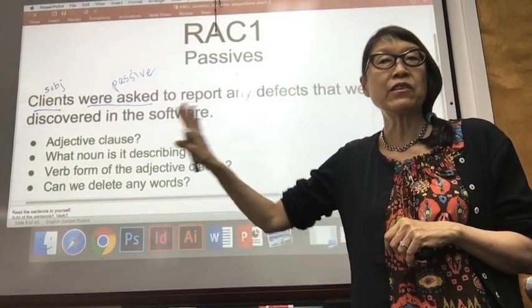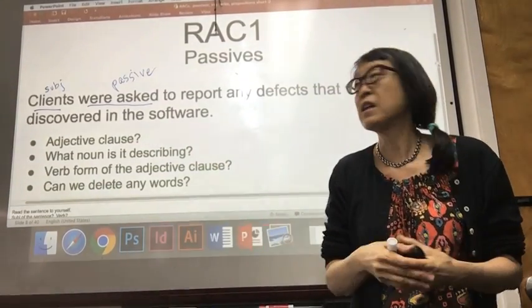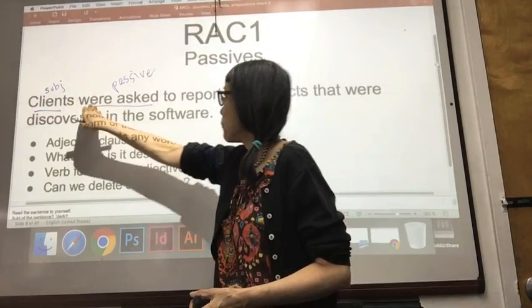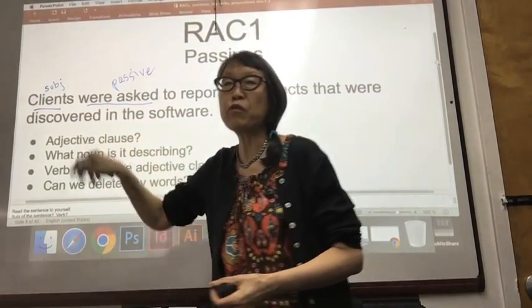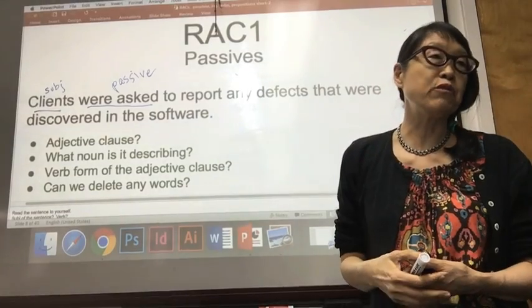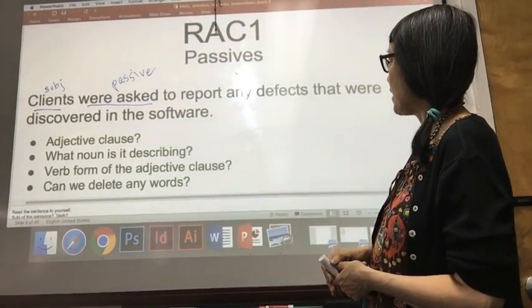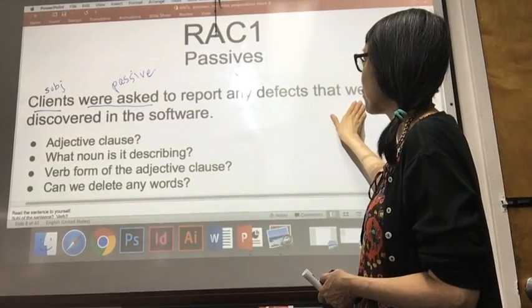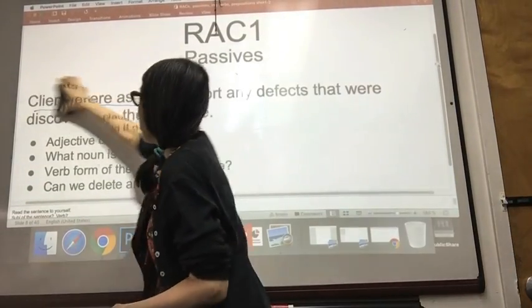We can have passives in other parts of the sentence. Sentences can be really long, and in this case, the main verb of the sentence is a passive form. Got it? Okay, and then of course, there's another passive form in the adjective clause. All right, good.